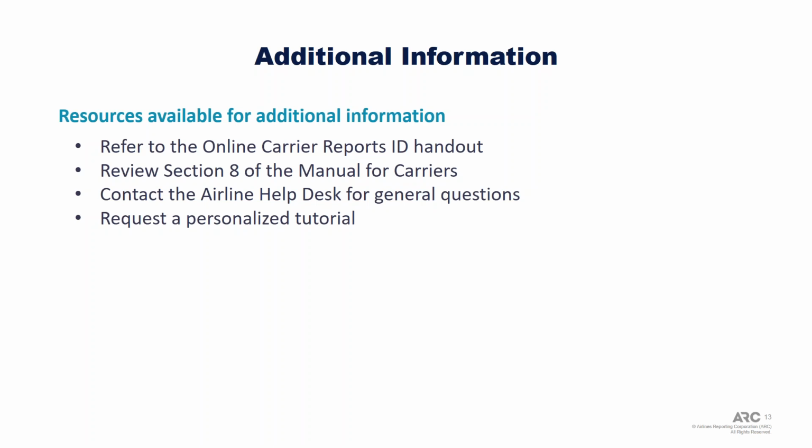And then Section 8 of the Manual for Carriers gives you details on each of the reports, and it has screenshots, shows you what it looks like. And then, of course, you can always contact my team at the Airline Help Desk for general questions. And you can also request a personalized tutorial with your account manager or with the link in the education portal in my ARC.